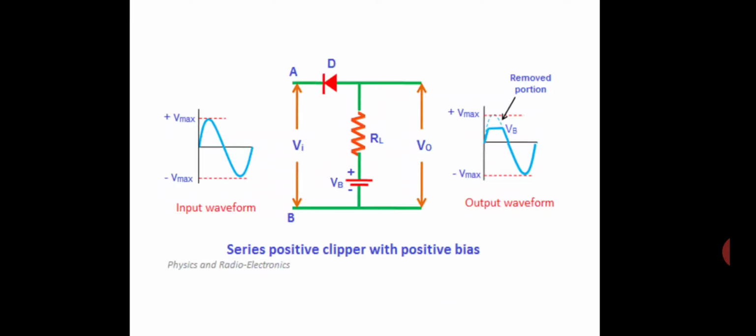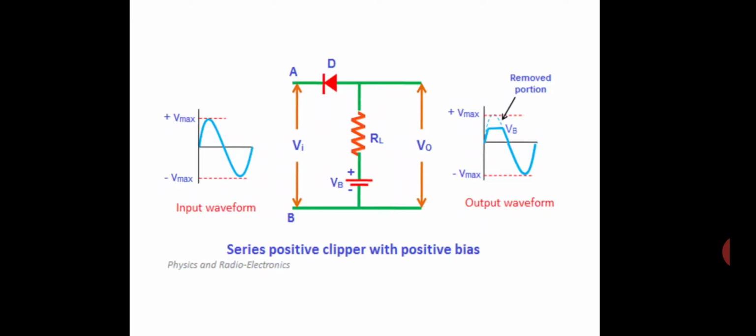So one portion of the diode is reverse biased, but the opposite portion is forward biased. Which bias is more? If the battery voltage is more, then the diode is forward biased, and when the battery voltage is small, then the diode is reverse biased.